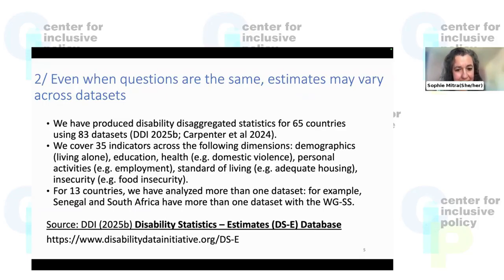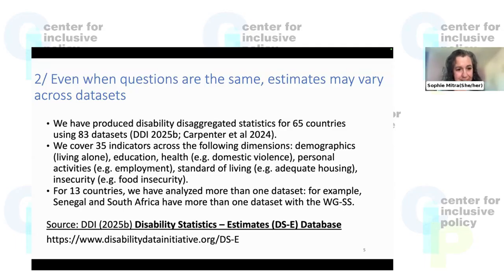In the DDI's other database, the Disability Statistics Estimates database, that is also accessible through our website, we have disaggregated statistics. So far on the website, you'll find estimates for 40 countries. Soon we'll be adding results for 25 more countries. We have produced prevalence estimates as well as disaggregated estimates for a variety of indicators: demographics, education, health, personal activities, standard of living, insecurity.